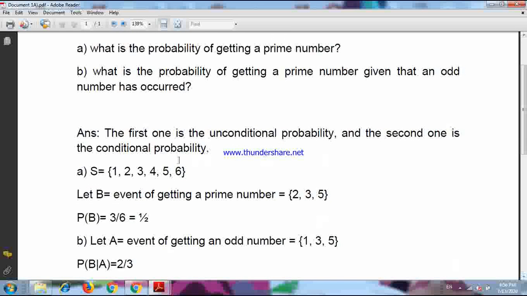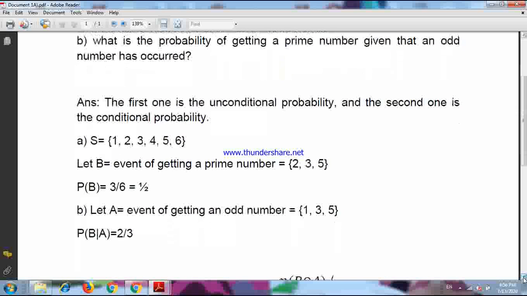Now the sample space when a dice is thrown: 1, 2, 3, 4, 5, 6. I declare an event B as getting a prime. So how many primes are there? 2, 3, 5. So definitely the unconditional probability, that is the first part, is number of favorable outcomes, that means 3, upon total number of possible outcomes, this is 6, and the result is half.